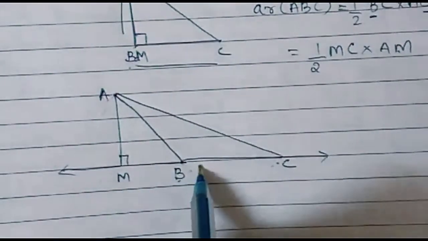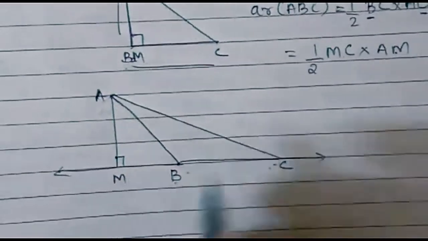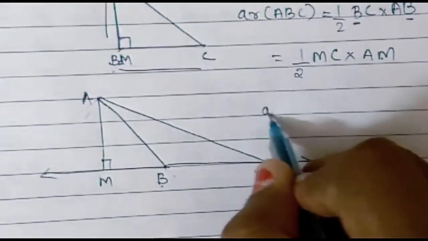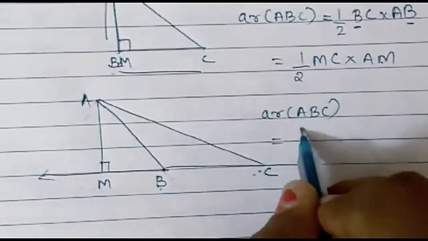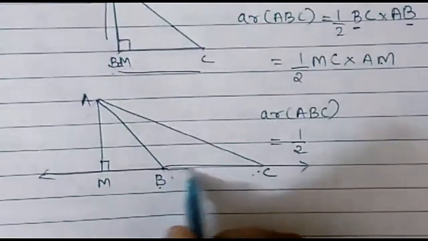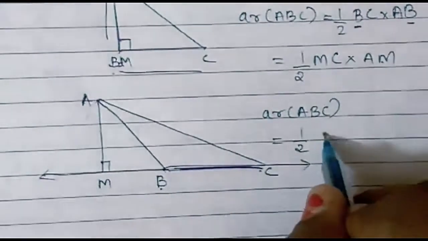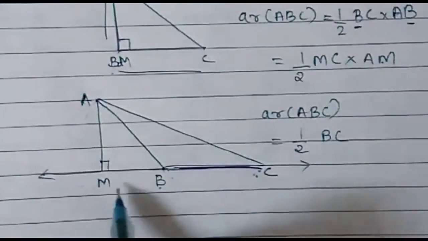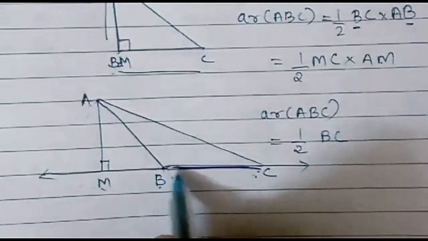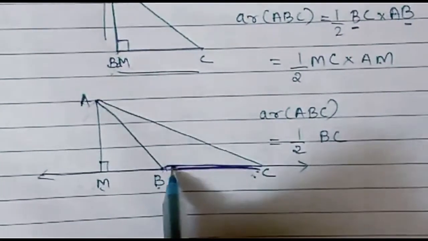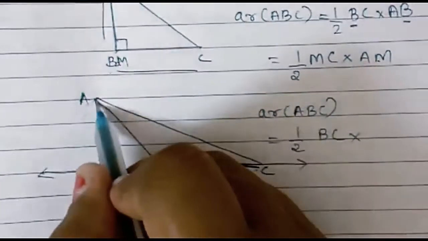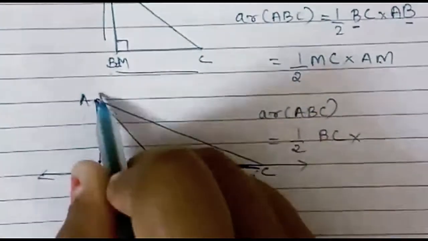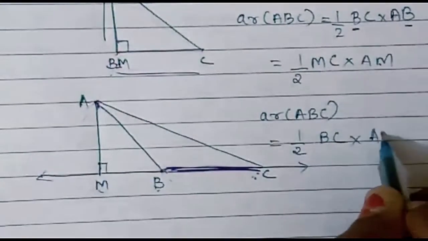That means it is on line BC, right? So right now we can say area of triangle ABC is equal to the same formula, half into base. Base will be considered to be BC itself only. You cannot write CM, because BC is the side of the triangle. So half into BC into the height, the perpendicular height, which is equal to AM.